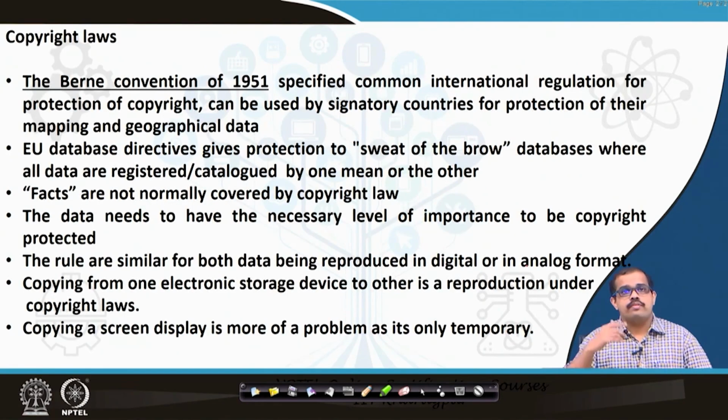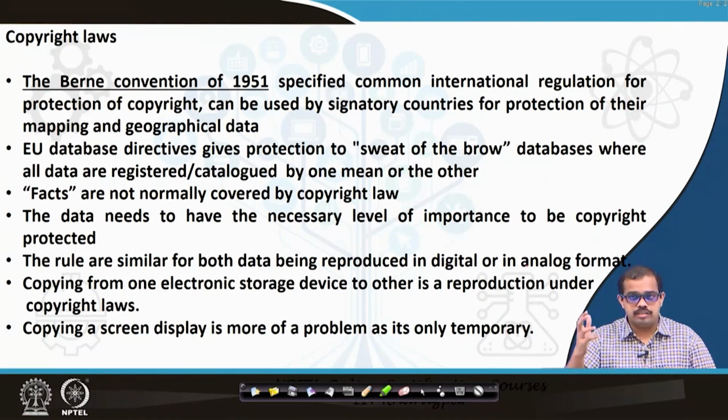Okay. When you look at the copyright laws that normally govern such digital data, you have the Berne Convention of 1951, which specified common international regulations for protection of copyright. Then you have an EU database directive that gives protection to a broad set of databases where all data are registered or catalogued by one means or another.